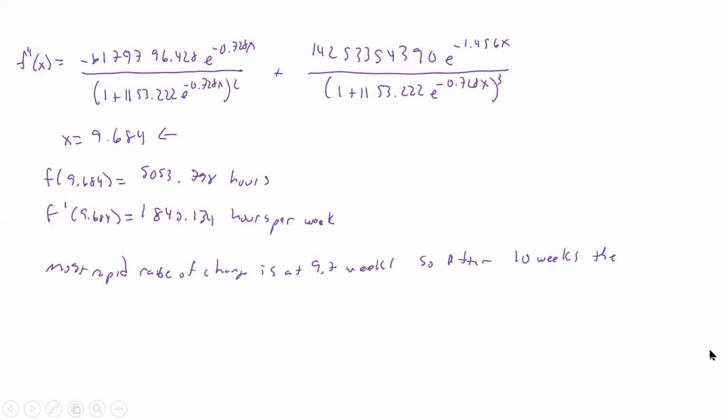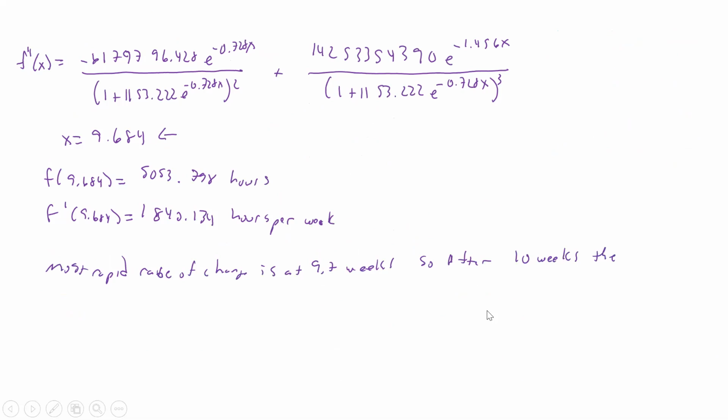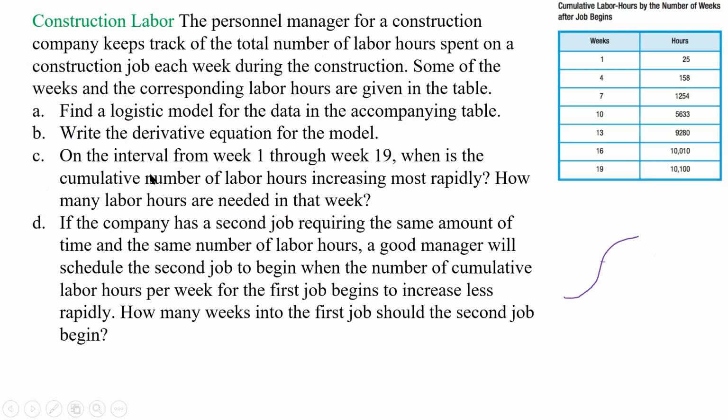the manager, or what did they call him? Yeah, manager could start the next project. Because that was the whole key. They wanted to know for part D, when is the cumulative hours for labor increasing most rapidly?